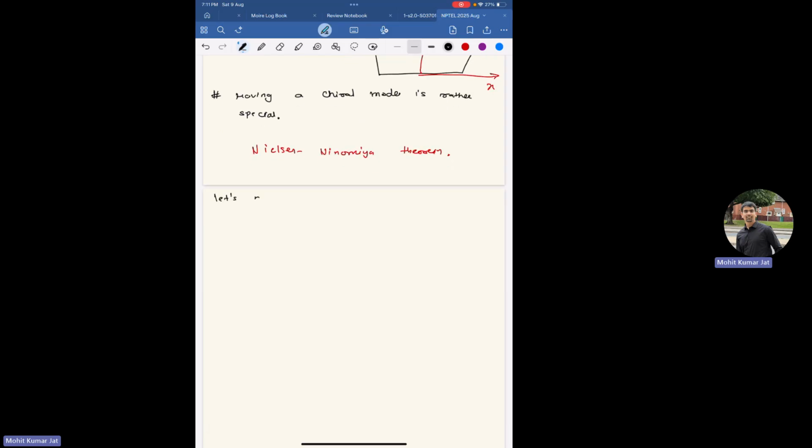Let's now look at what happens when we fill the available states. And how do we do it?